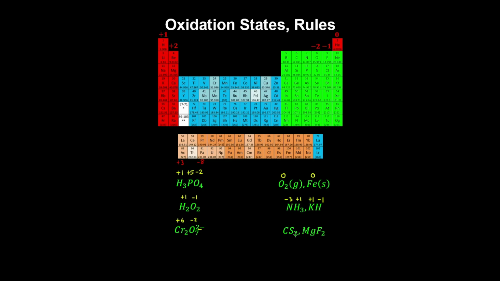Now in the absence of oxygen, we write the oxidation state of the most electronegative element, being sulfur. And because it's a neutral compound, carbon has an oxidation state of +4 here. And similarly, fluorine has an oxidation state of -1, so magnesium has an oxidation state of +2 in this case.